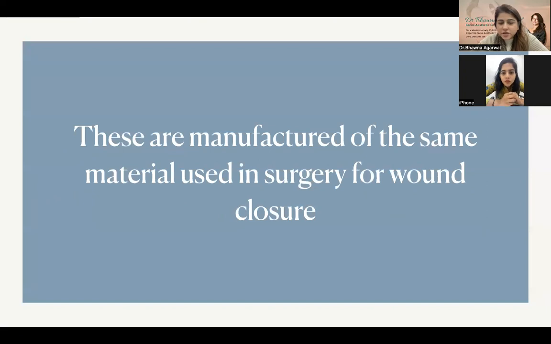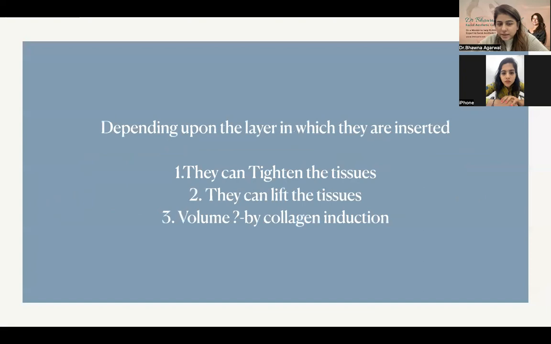These threads are manufactured of the same material used in surgery for wound closure. It's basically the suture material. Depending on the layer in which they're inserted, they can tighten the tissue, they can lift the tissues. And thirdly, volume by collagen induction.